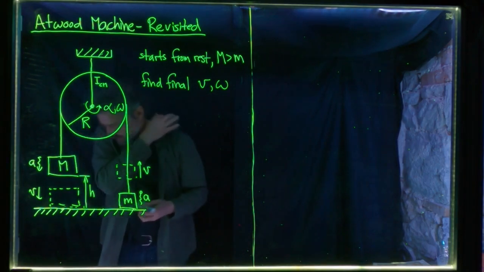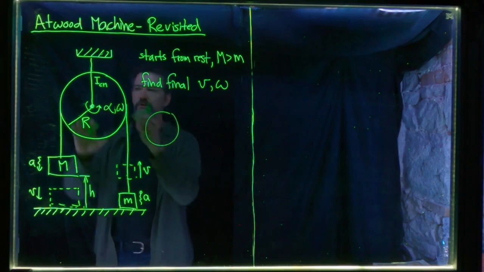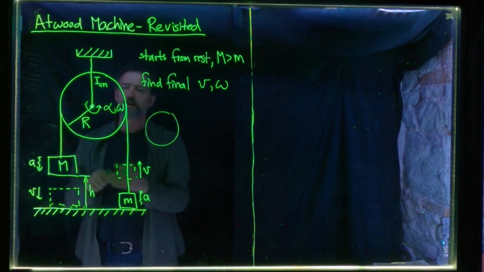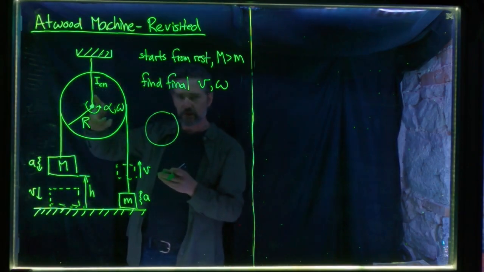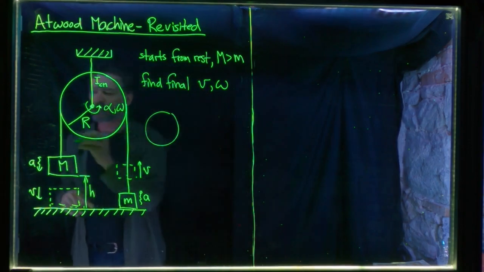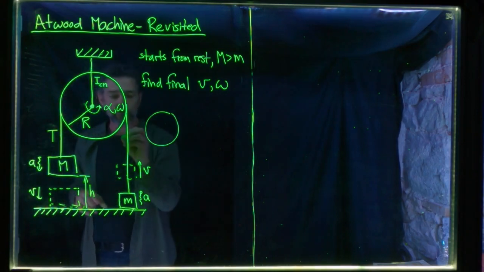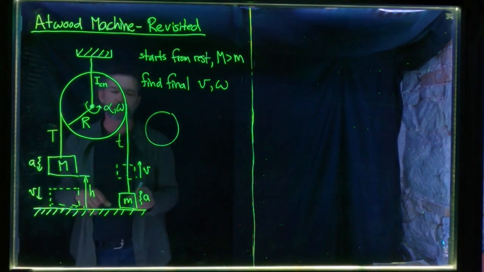Okay, so a couple of points just to remind you. In this situation, this pulley is massive. And so in order to cause an angular acceleration, you need a net torque. The net torque comes from the fact that the tension in this rope, we called capital T, is greater than the tension in this rope.